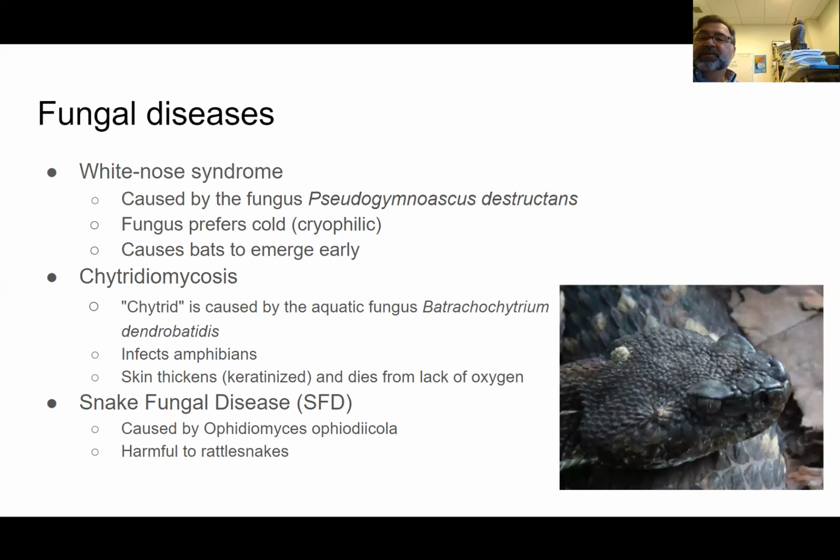And there's other amphibians out there, caecilians. They're strange amphibians. But anyway, what happens is this fungus, it's like athlete's foot or jock itch. It infects the skin. It thickens it, so it keratinizes the skin. And then the animals die from a lack of oxygen. So a lot of aquatic amphibians, so the salamanders that live out part of their life in the water, and then frogs that may supplement lung breathing with dermal respiration, they die because they just can't get enough oxygen.